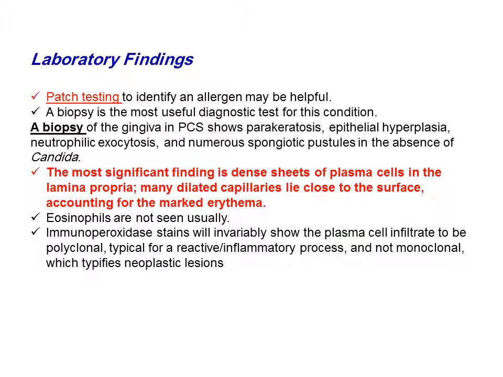Eosinophils are not usually seen. Immunoperoxidase stain will invariably show the plasma cell infiltrate to be polyclonal, typical for reactive inflammation. So, because there is a dense sheet of plasma cells, it is called plasma cell stomatitis.